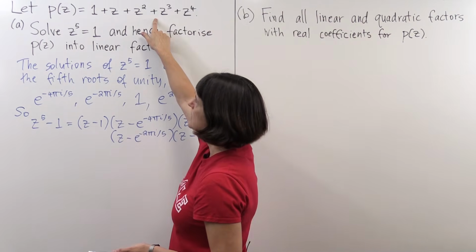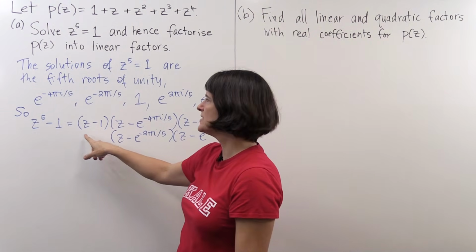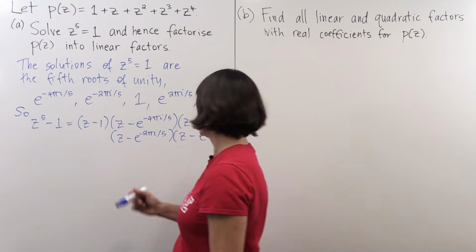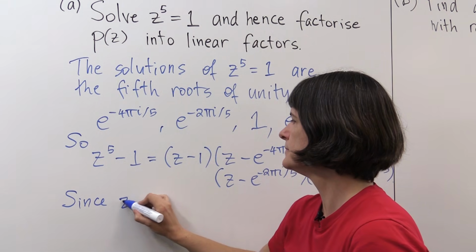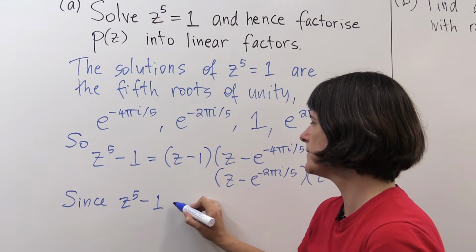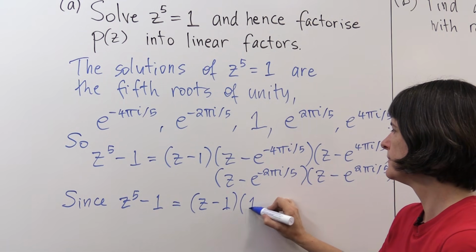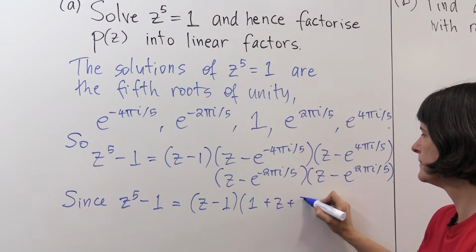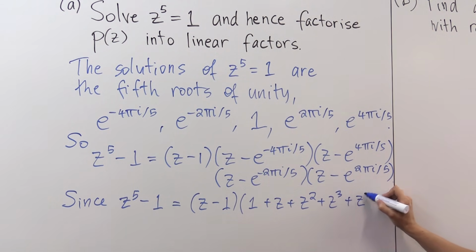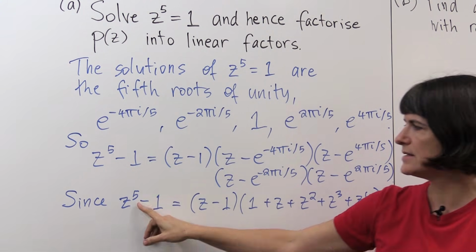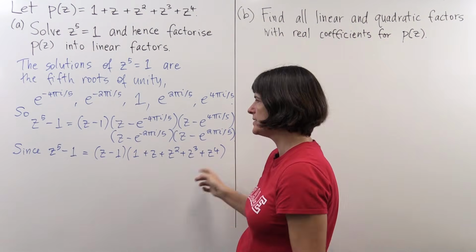We really want the factors of p. But z to the fifth minus 1 is just z minus 1 times p. So let's use that fact, which is a very useful fact. Of course, you can replace this 5 here by n and this 4 by n minus 1, sum all the way up, and this identity holds.